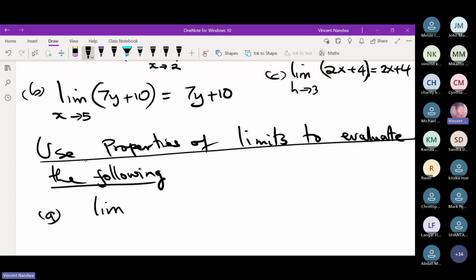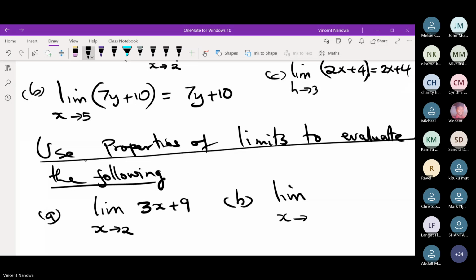So the first one is limit as x approaches 2 of 3x plus 9. B, limit as x approaches 0 of 3x squared minus 2x plus 1.